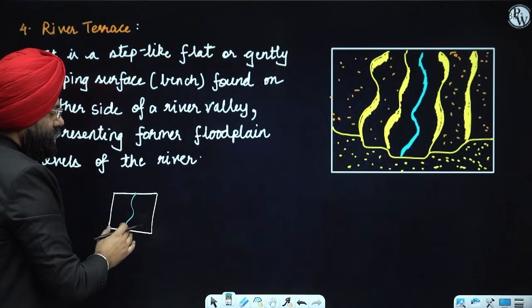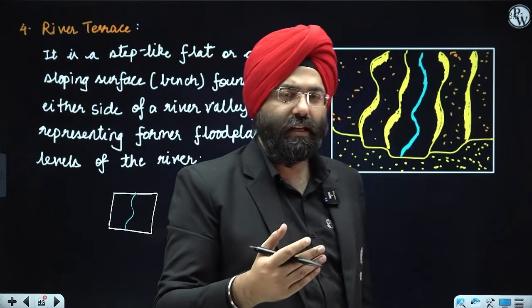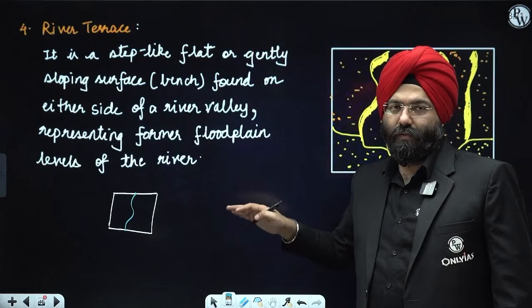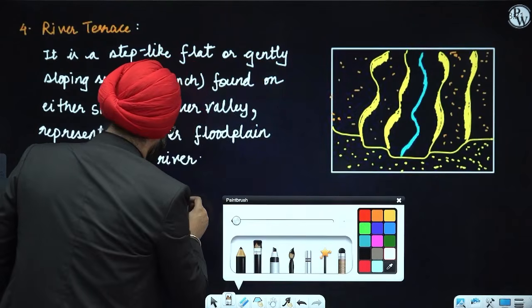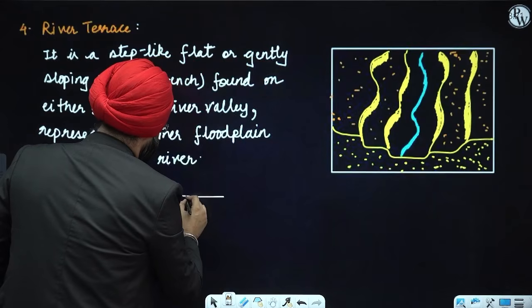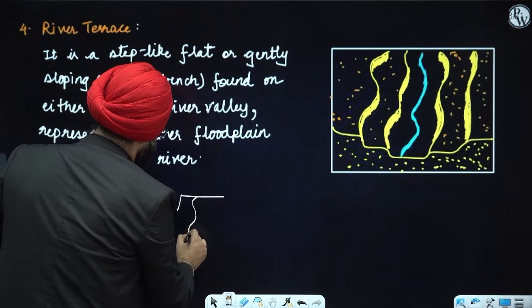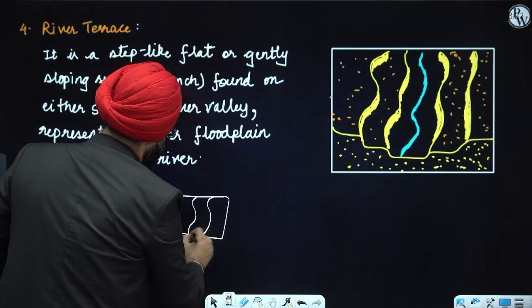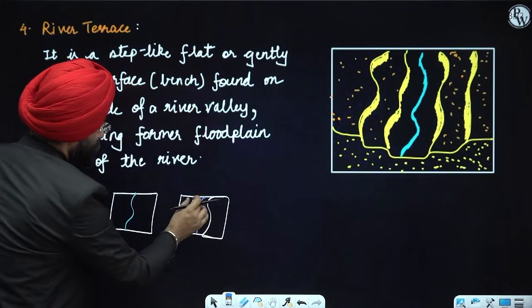Now, when the river is moving, it is eroding the surface. When it is eroding the surface, automatically, what will be the next step? If supposedly the base level further falls, this is the path where it was eroding.